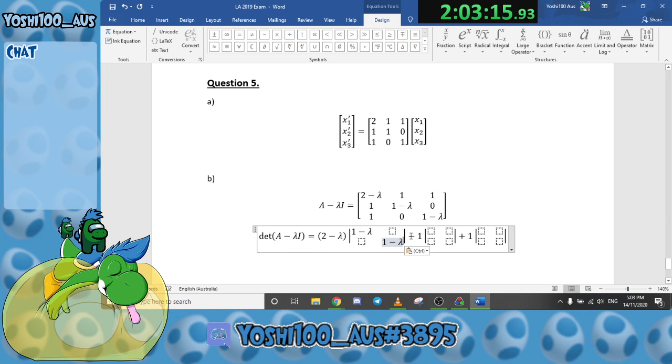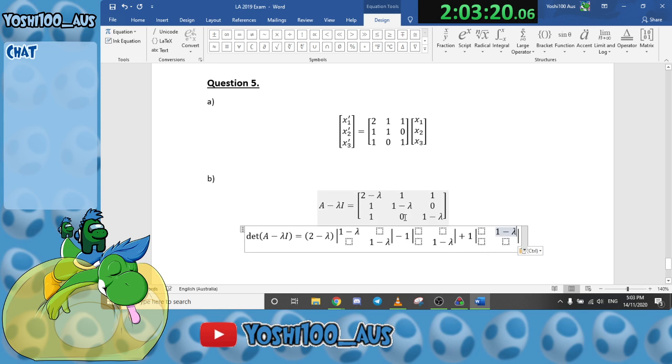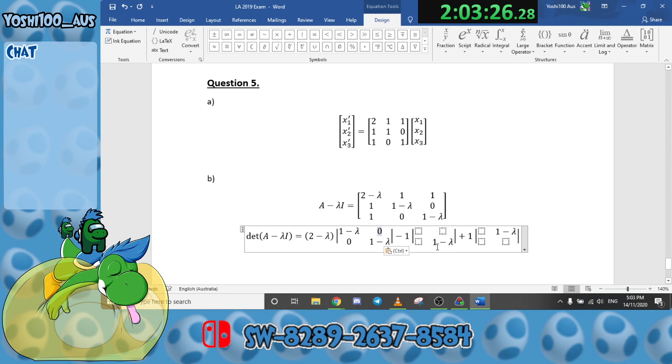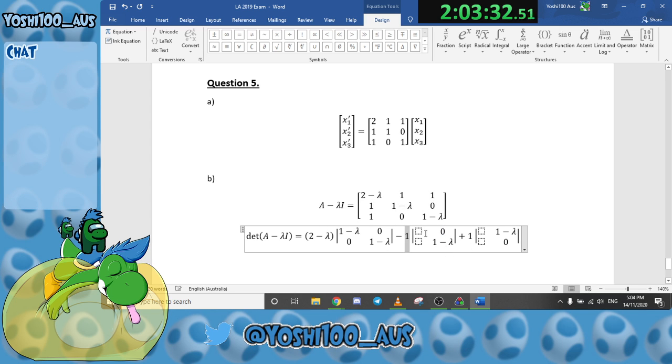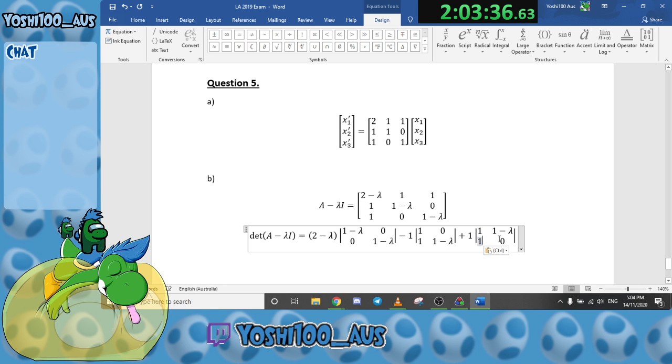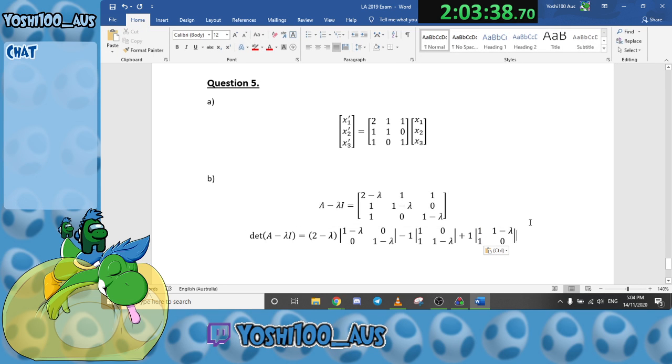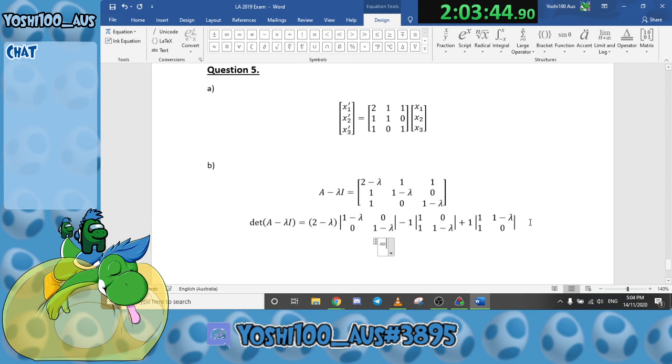This goes here, this goes here, this goes here, and this goes here. Copy pasting ones. So efficient. Writing all that down would have taken a while.